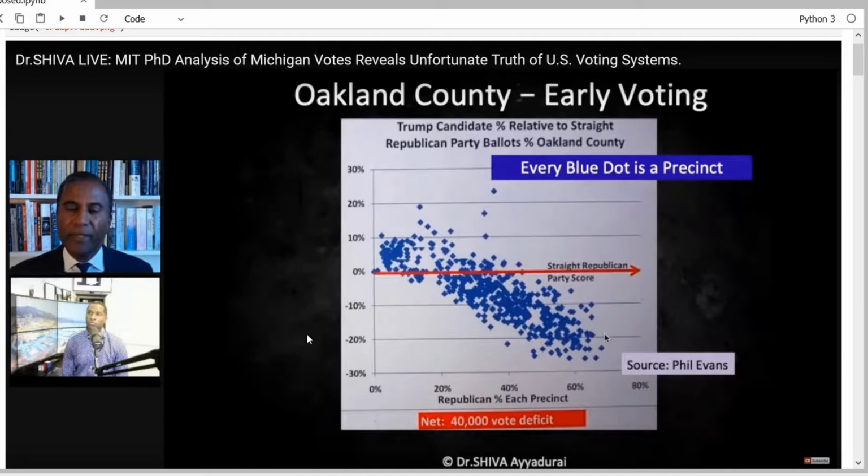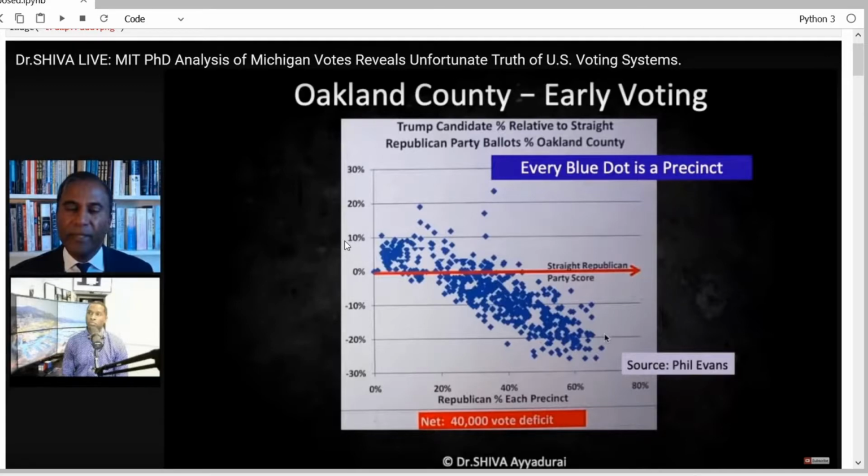What we're looking at here is, on the y-axis, his axes aren't labeled, but anyway, the percentage of people who voted for Trump minus the percentage of people who voted for the Republican Party in straight ticket voting, which is something you can do in some places but very few.